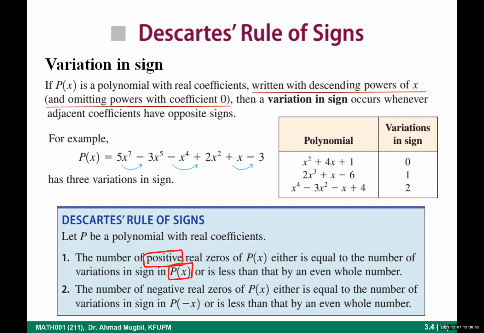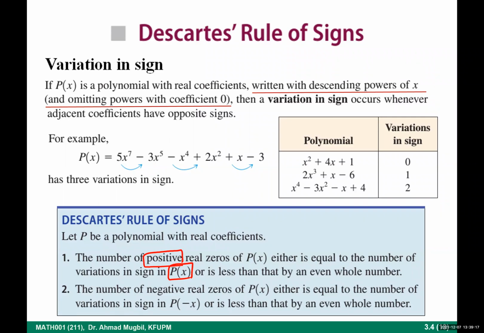This says that if you have a polynomial and you want to know how many positive real zeros, the number of positive real zeros will be the same as the number of variations of signs, or less than that by an even whole number. Example, if you have 3 variations, like the one above here.